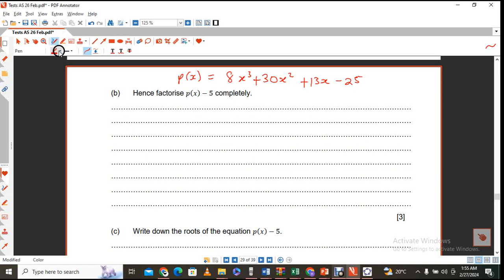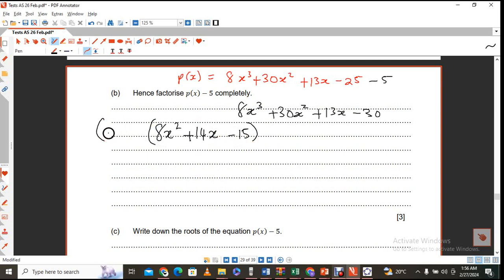Now, if you were to minus 5 here, you would end up with 8x cubed plus 30x squared plus 13x minus 30. That is what it now gives you, which means that our previous quotient, 8x squared plus 14x minus 15, is going to be the quotient, and there won't be a remainder if x plus 2 is a factor.